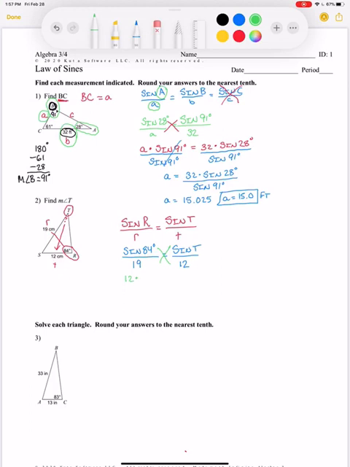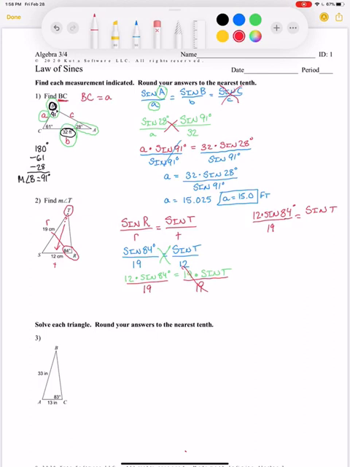So I have 12 times the sine of 84 degrees equals 19 times the sine of T. I'm going to start by dividing both sides by 19. So I have 12 times the sine of 84 degrees divided by 19 equals the sine of angle T.